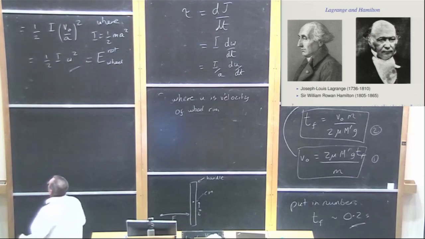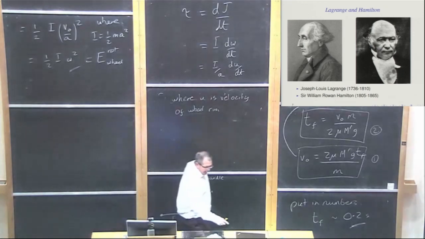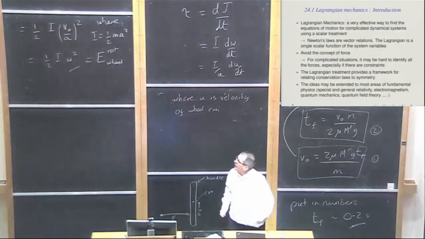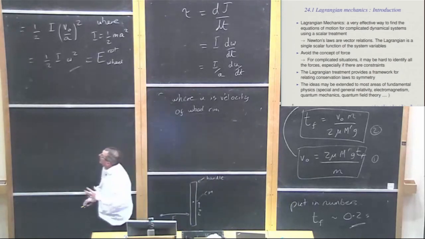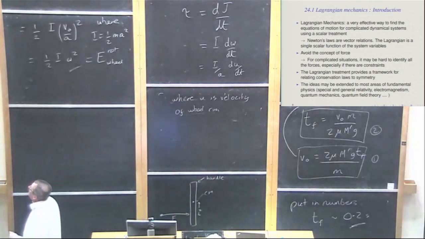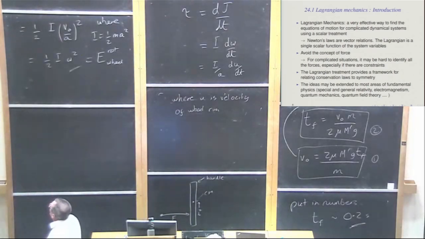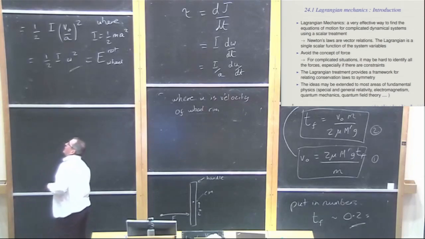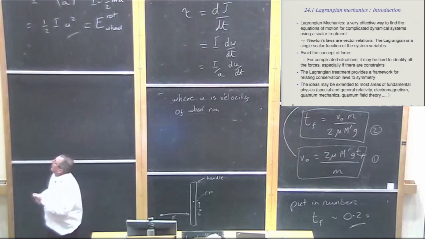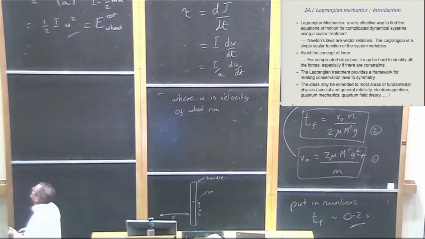Okay, so there they are. And we're going to be focusing first on what's called Lagrangian mechanics, and this will take most of our time. Hamiltonian mechanics is a development of that, which we will briefly survey during, I think, the final two lectures. But most of our discussion is going to be on Lagrangian mechanics.